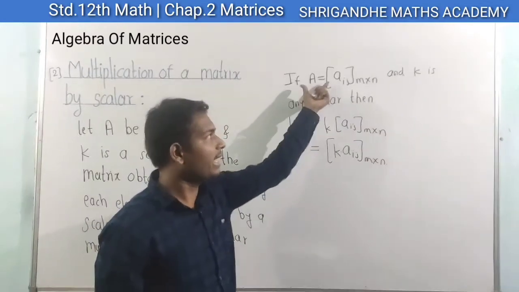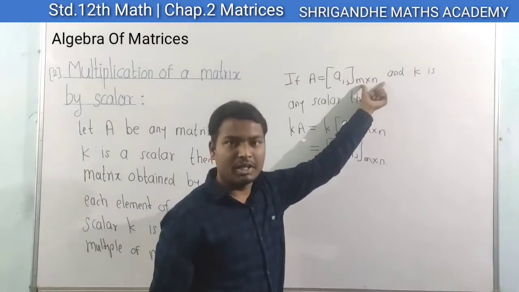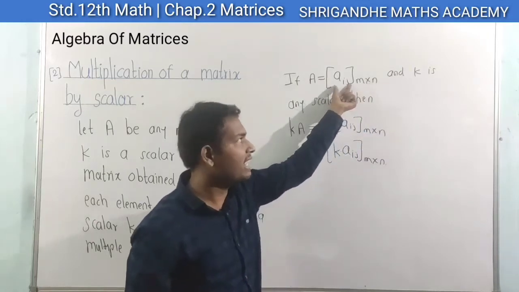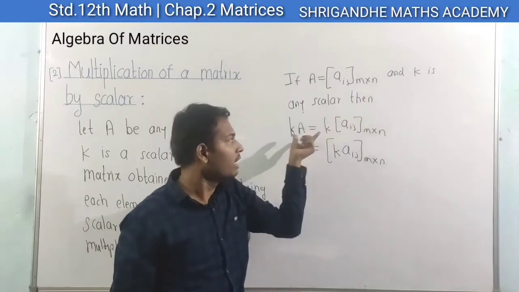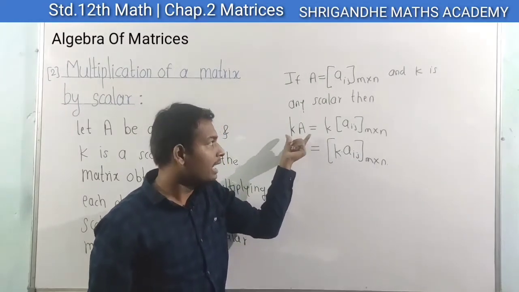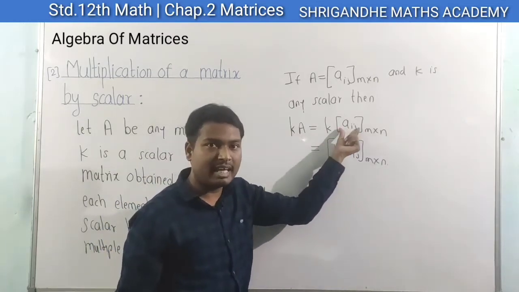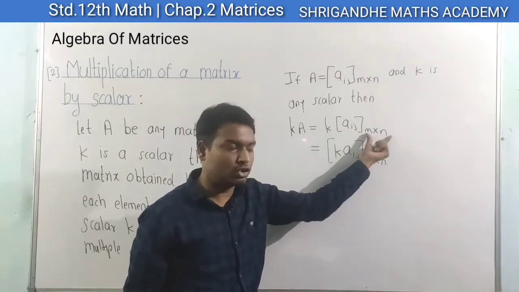Suppose A is equal to the matrix of entries of the form a_ij having order m cross n, meaning there are m rows and n columns and elements of the form a_ij, and k is any scalar. Then if you multiply the matrix A by a constant k, kA is equal to k times matrix A. K times matrix A means k into entries of the form a_ij having order m cross n.